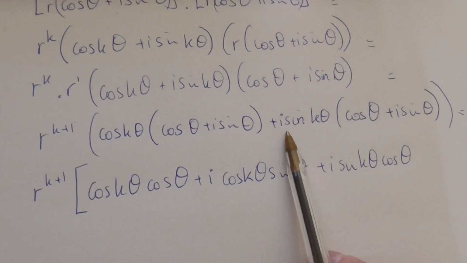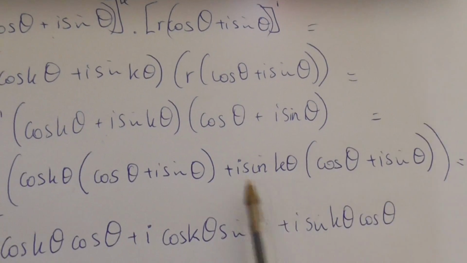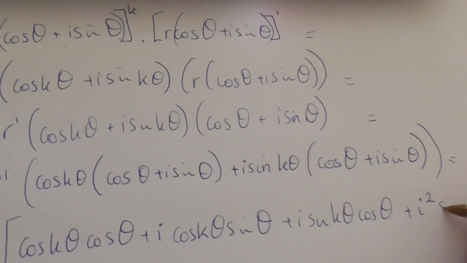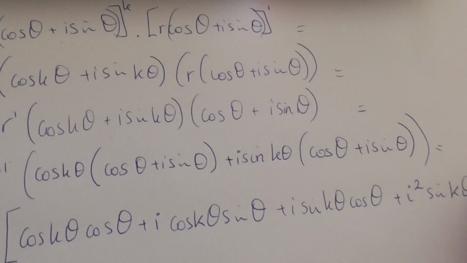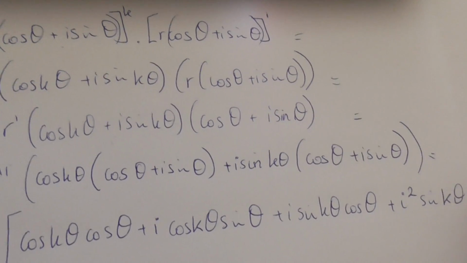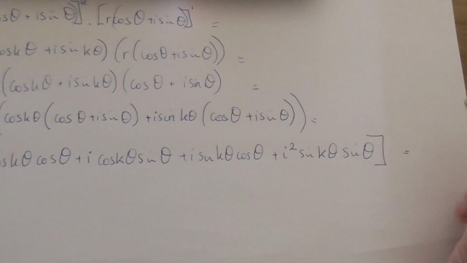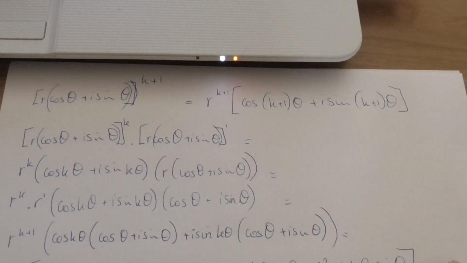And then i sine k theta multiplied by i sine theta. Remember, i by i is i squared. Sine k theta sine theta. And again, all of that should equal that right hand side from up there.